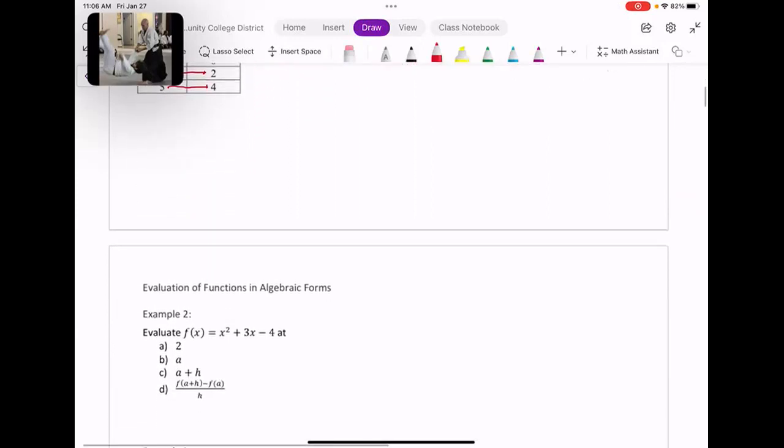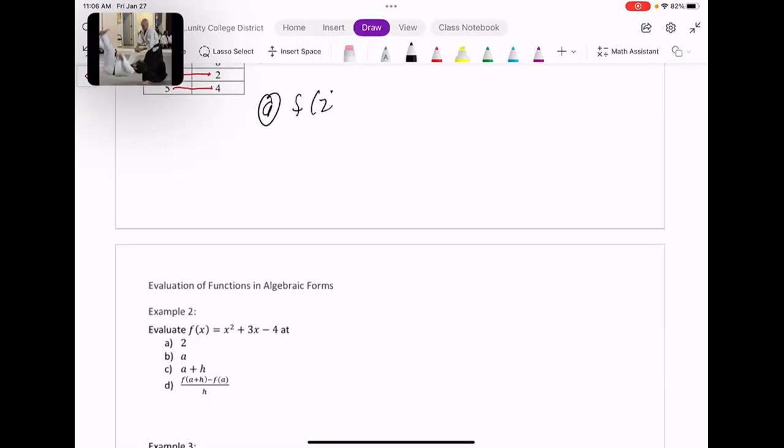And here we're going to do some algebra with the functional form. So here we have f of x equals x squared plus 3x minus 4. And we're going to do several different parts. We'll start with part A, where we're looking for f of 2. That means I'm going to replace all of the x values in the function with a 2.